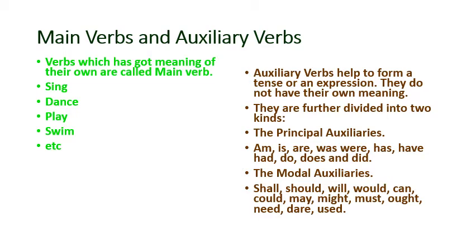They are further divided into two kinds. The principal auxiliaries: am, is, are, was, were, has, have, had, do, does and did. Next we have the modal auxiliaries: shall, should, will, would, can, could, may, might, ought, need, dare, used.